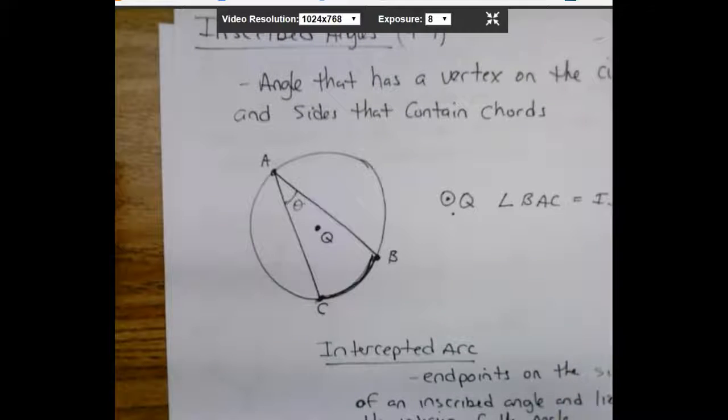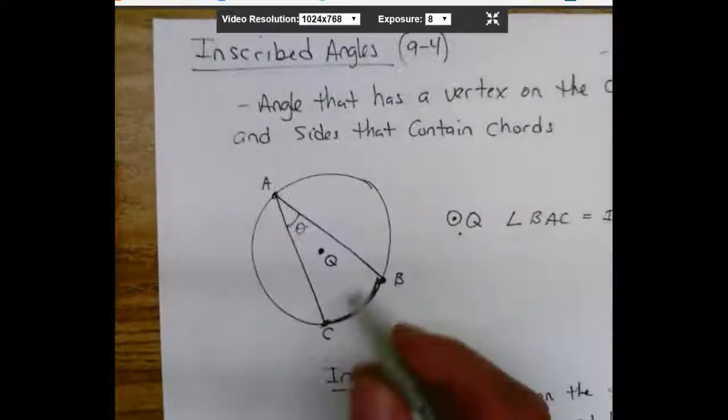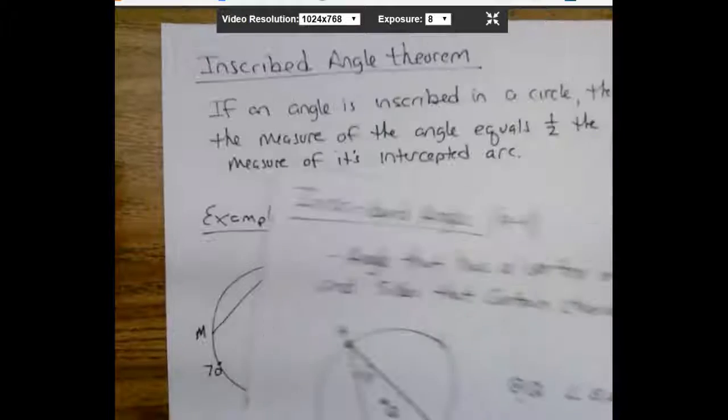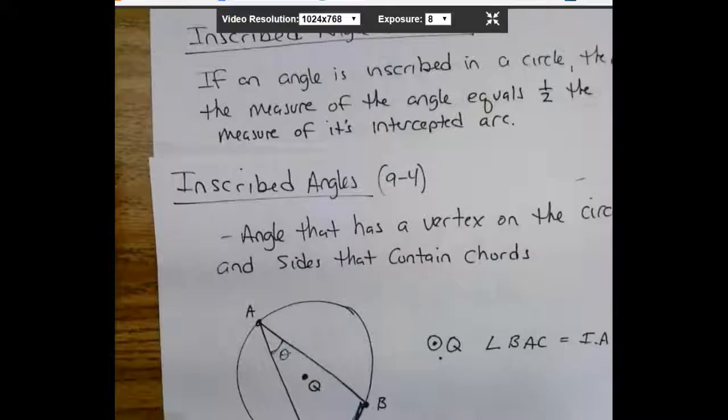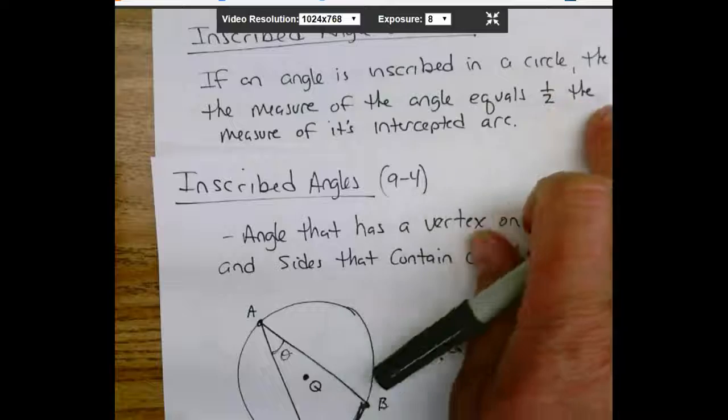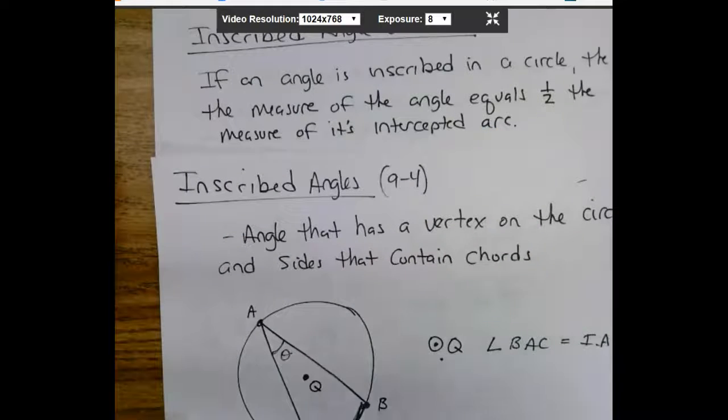So this would say whatever the measure of this arc is, the measure of the angle equals 1/2 the measure of its intercepted arc. So here's the intercepted arc. The angle equals 1/2 the measure of that arc.